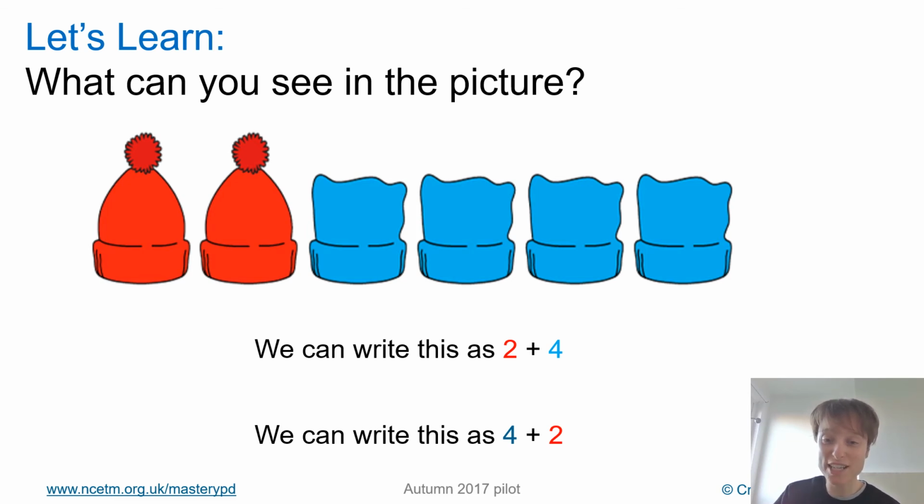Pause the video and tell your adult. That's right, the addends have just swapped around, haven't they? So here we've got the 2 coming first, and in that second expression, the 2 is coming last, isn't it? So they've just swapped around those numbers, haven't they? Well done, if you noticed.